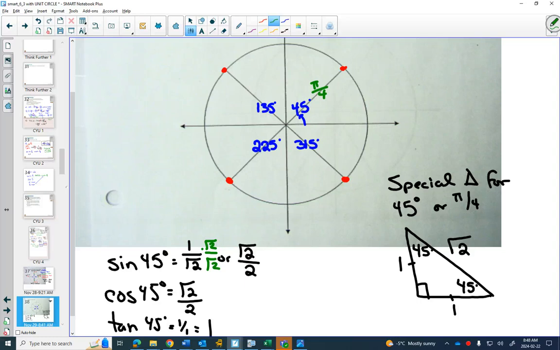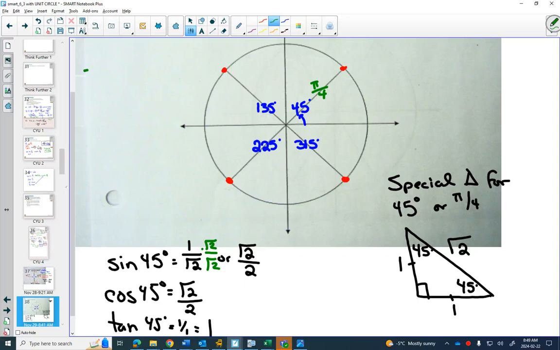Now, at 135 degrees, you could either change 135 degrees to radians by multiplying by pi over 180. However, I think it's going to be easier if we think the same way we thought in degrees. The angle in quadrant 2 right here is going to be halfway around as pi radians. Subtract your reference angle of pi over 4 radians.